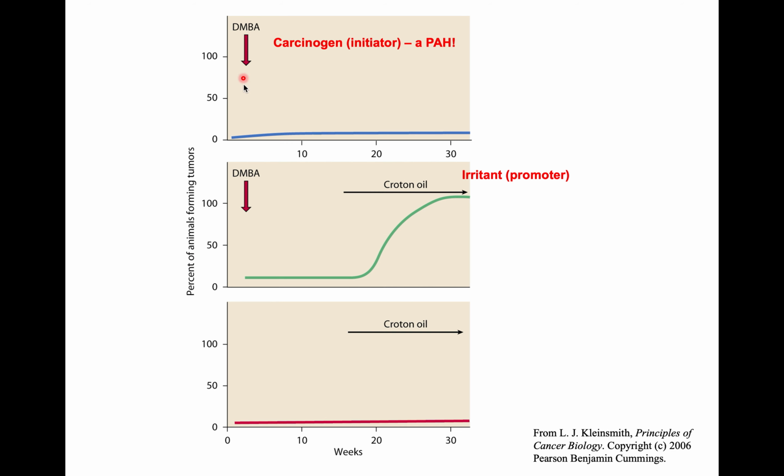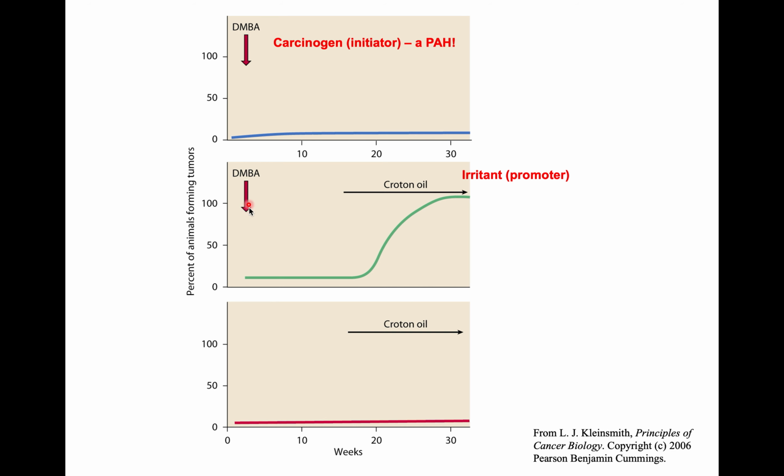And what you see here is they were treating basically at time 0 with this chemical carcinogen. This was one of the PAH classes that we talked about. And if you just hit the, I believe rabbits in this case, with the carcinogen, little to no cancer, even over 30 to 35 weeks.